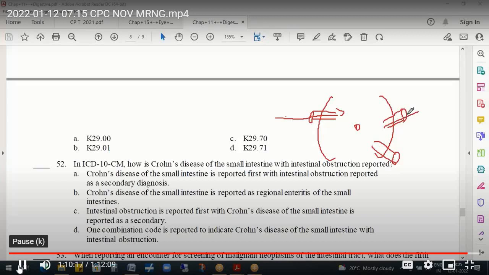These ports are cylindrical structures, like cylinders in chemistry labs used to pour water. Placed on the abdomen, through the port they pass the scope. That's why I said percutaneous endoscopy on abdomen. The body part is abdomen. If I said percutaneous endoscopy on joint, then it becomes arthroscopy.